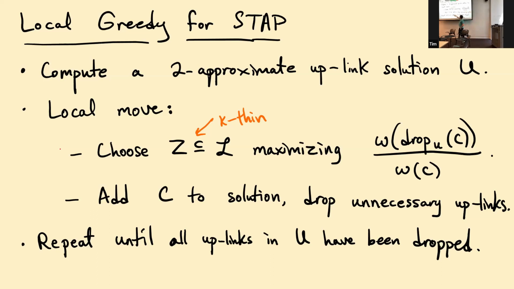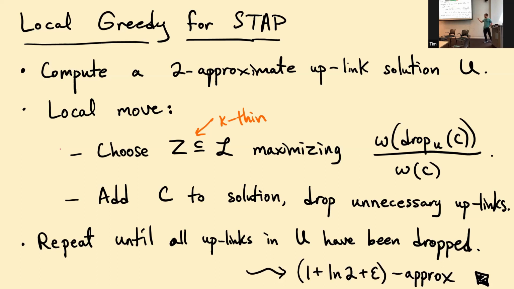And again, you want to choose the best k-thin component of hyperlinks to add, and we show, just like in tap, you can do that efficiently in hypertap as well. Yeah, to maximize the ratio of the dropped links over the cost I incur by adding them. So keep doing this, drop the links, add that to the solution, and continue until there's no improving move. And by the same analysis that they did for tap, this results in a 1 plus ln of 2 plus epsilon approximation for Steiner tree augmentation.